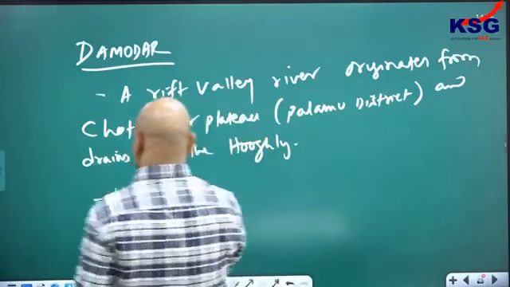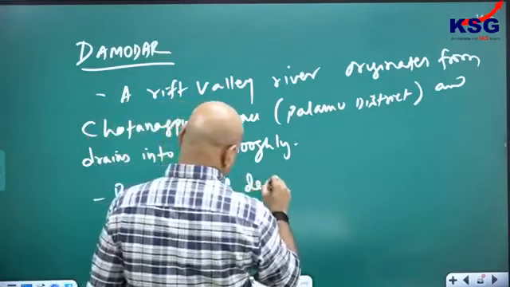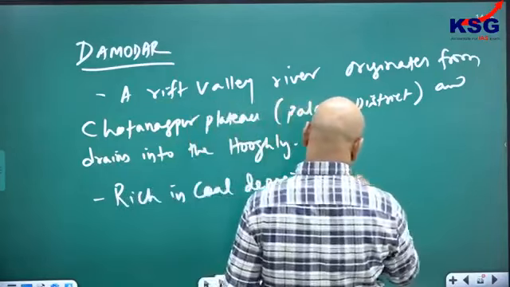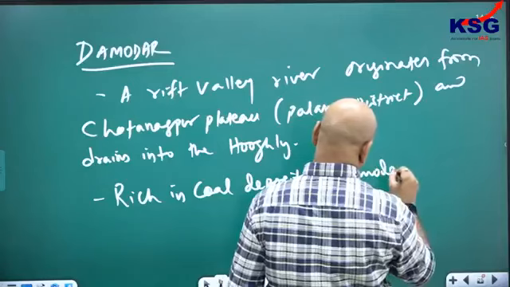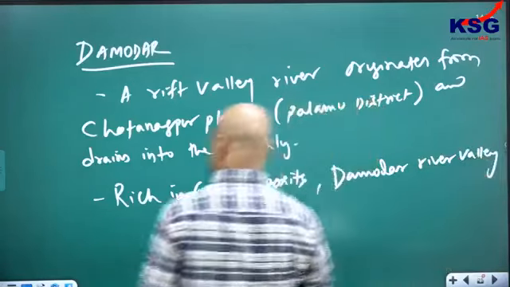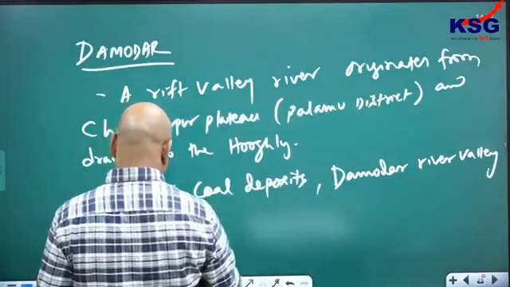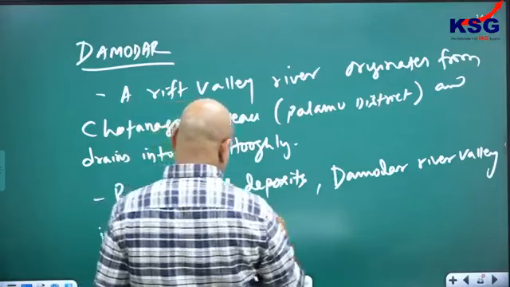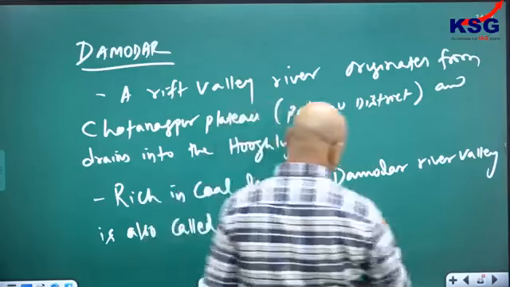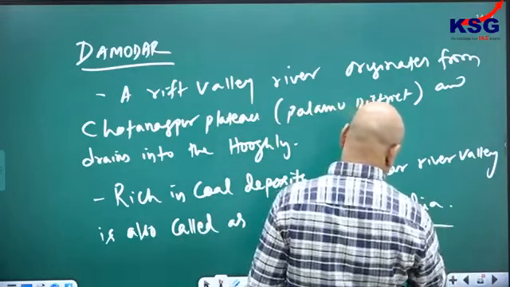Damodar has a reach in coal deposits. Damodar river valley is also called the Ruhr of India.